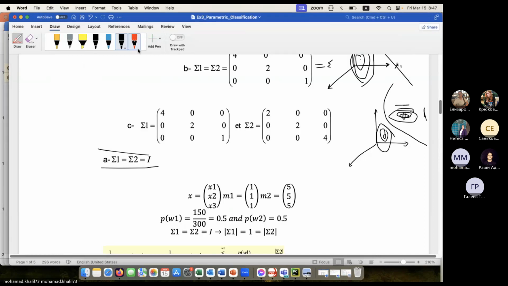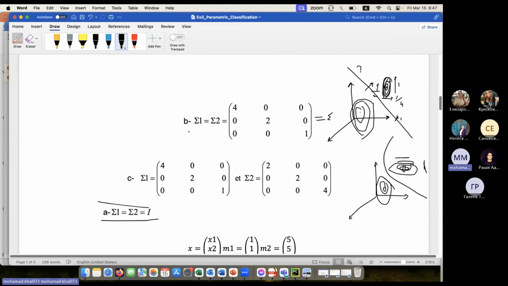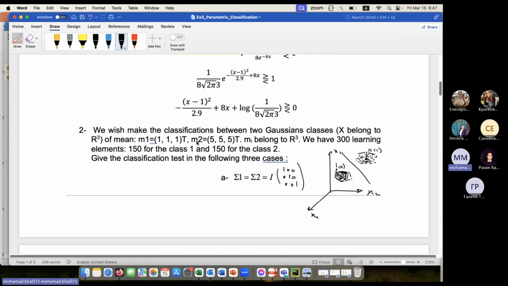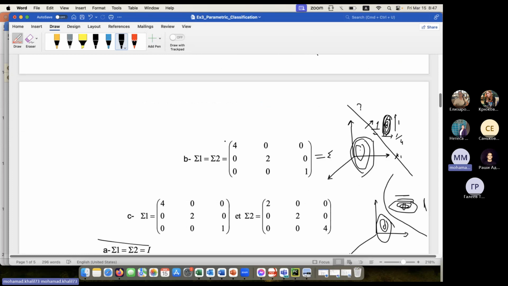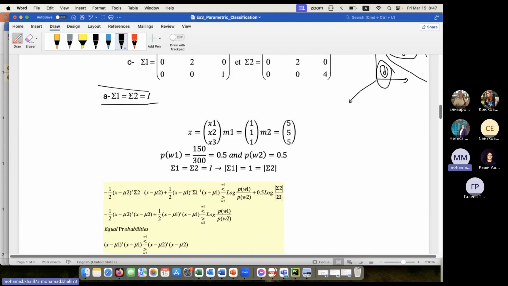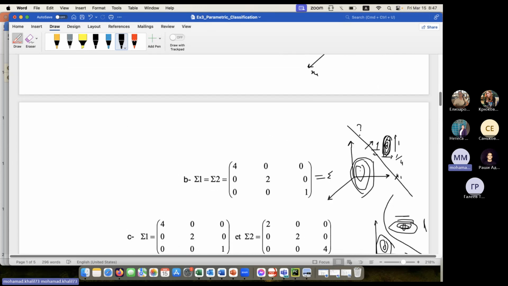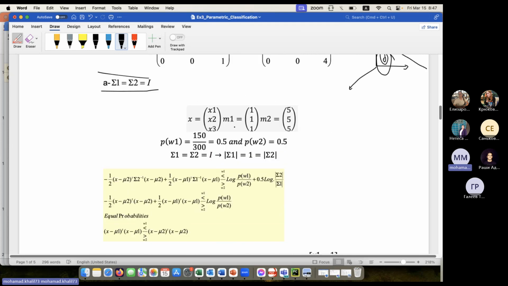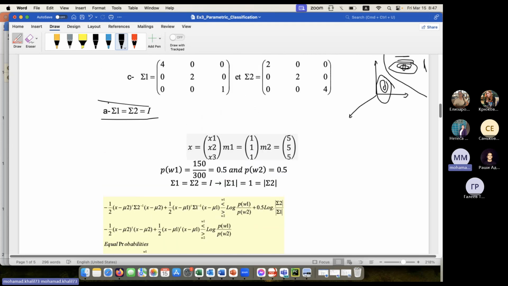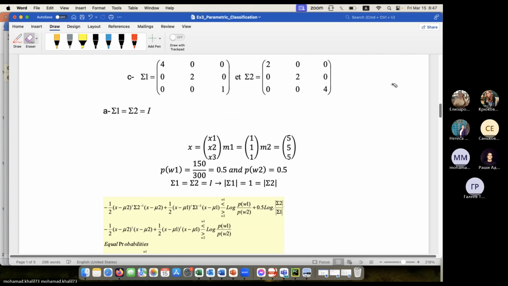Look, in the calculation, I will take it from the beginning. Here is the solution. What I did is just an explanation according to the course. I will take part A. I will eliminate all of this now.